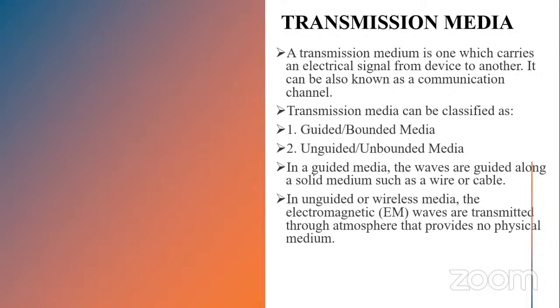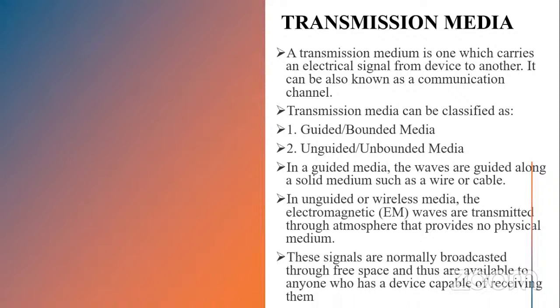The information from source to destination will travel through various waves, not a physical medium like cables or links. These signals are normally broadcast through free space and thus are available to anyone who has a device capable of receiving them. So this is the last statement about the unguided medium.